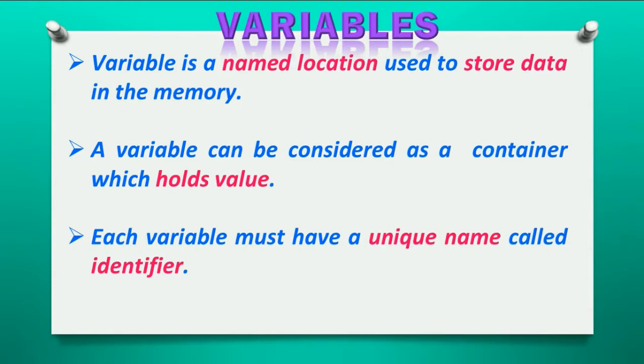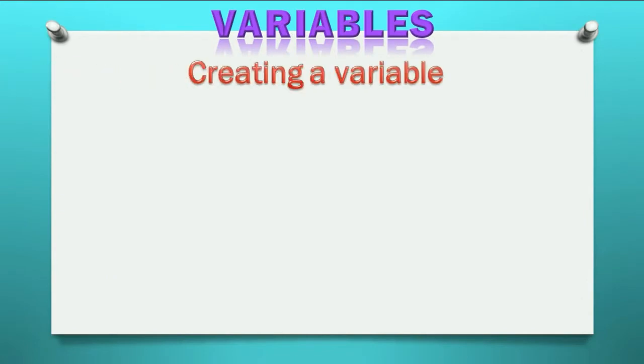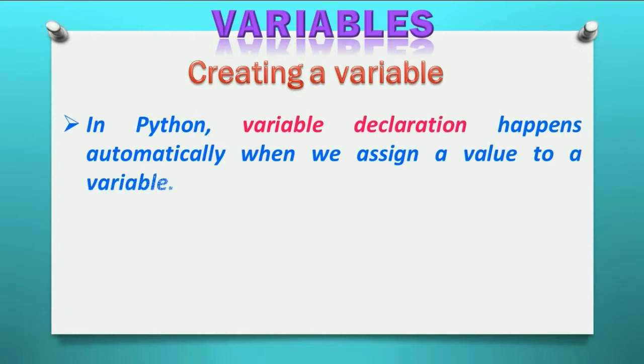Now let us see an example. How to create a variable. In Python, variable declaration happens automatically when we assign a value to a variable, like this: name = Johnny.